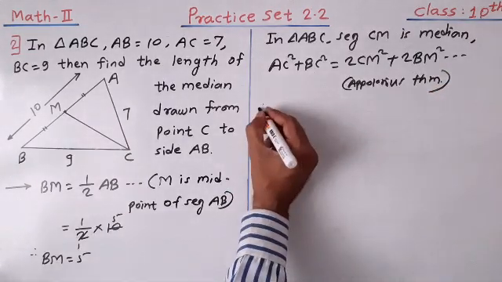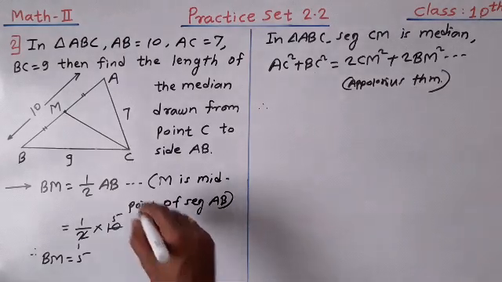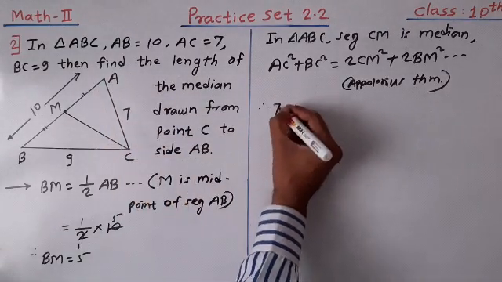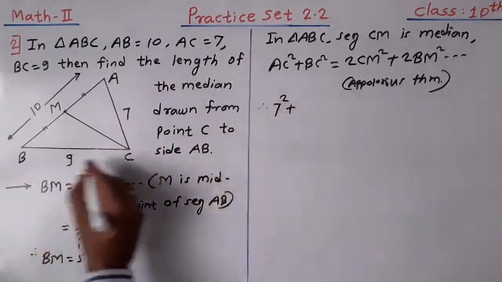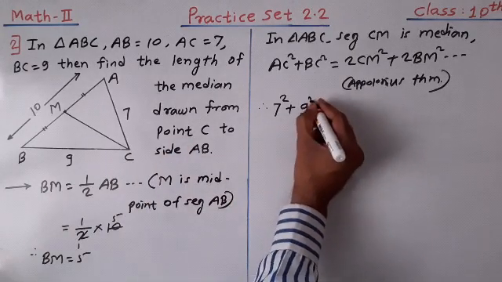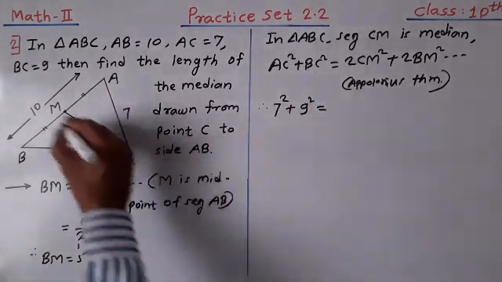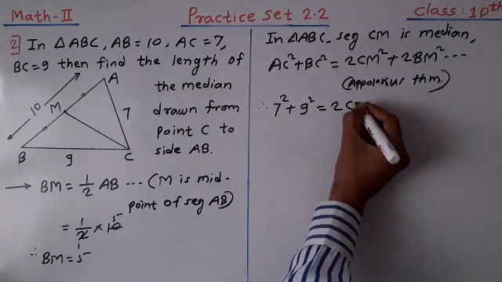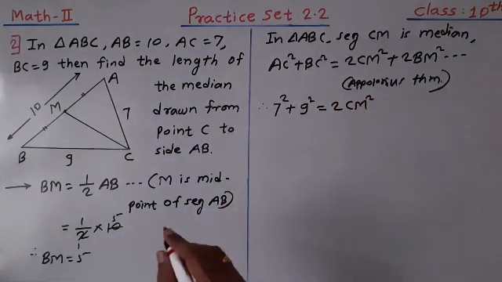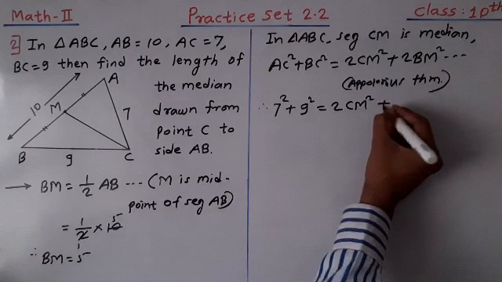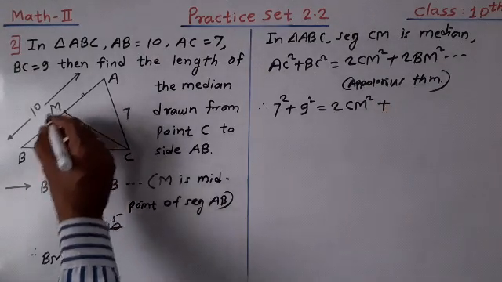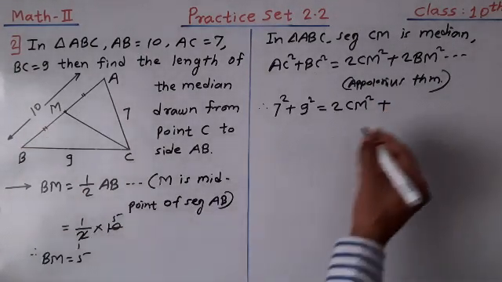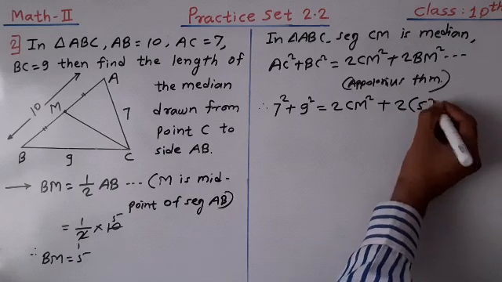Now let us put the values here. AC square means 7 square plus BC square means 9 square is equal to 2CM square, as it is, because we have to find out the length of CM, plus 2BM square. Now BM is of length 5, so 2 into 5 square.